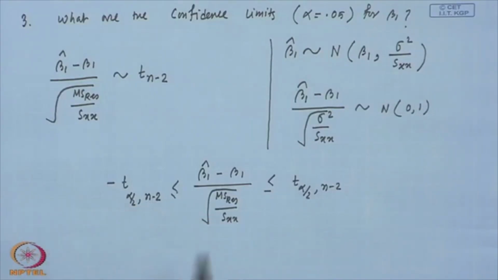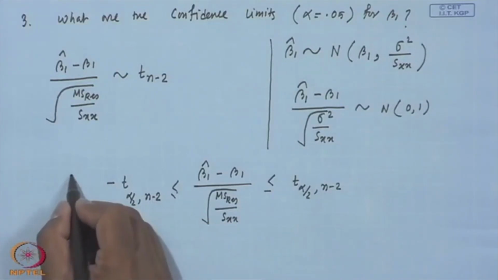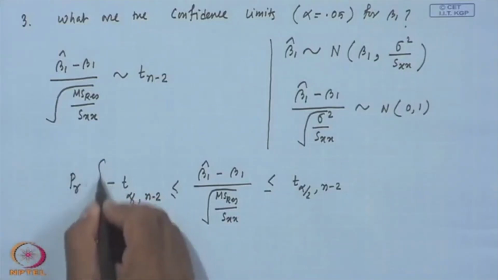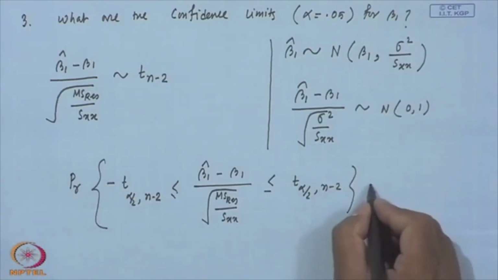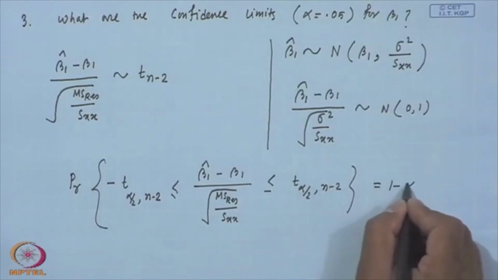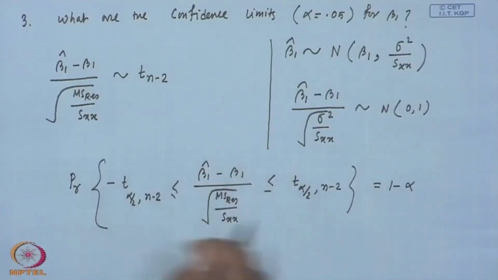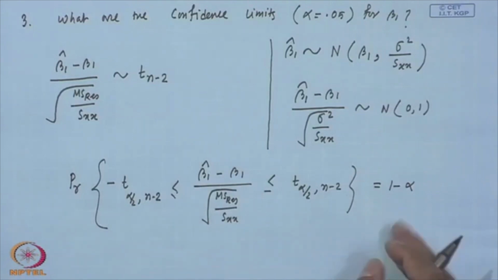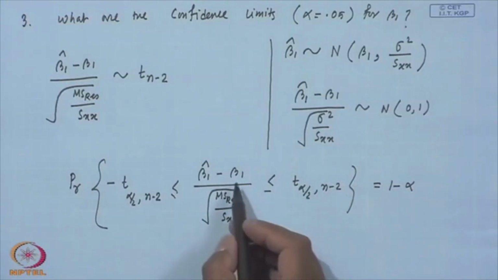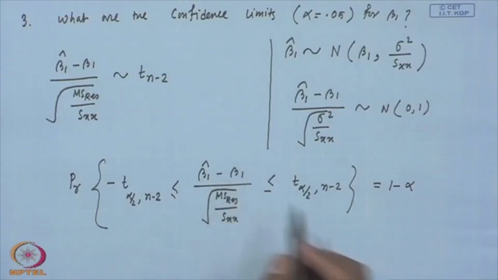Of course, this has probability 1 minus alpha, that is 0.95, and from here we get the 95% confidence limit for beta 1.